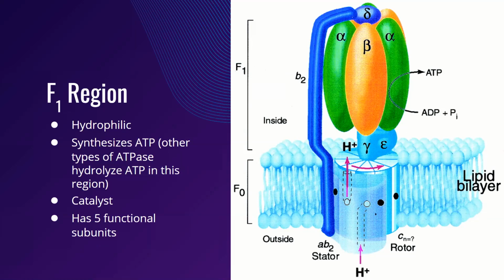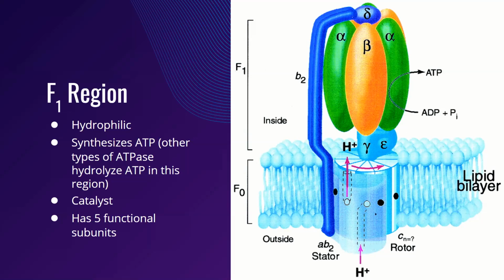This ATPase is known as a catalyst. So technically, this reaction that synthesizes ATP could theoretically happen spontaneously. However, it uses a catalyst because of what's called activation energy. That's something that you'll learn in chemistry. What that is, is that you need a certain amount of energy in order to start a reaction.